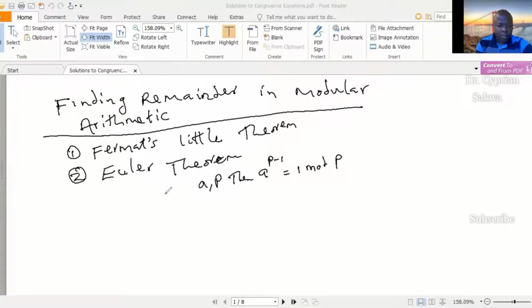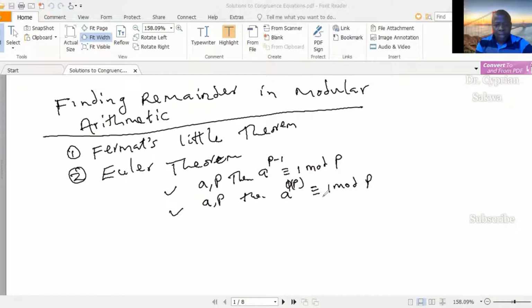What about Euler's theorem? Euler's theorem says that if you are given two positive integers, a and p, which are relatively prime, that is, the GCD is 1, then a raised to phi of p is congruent to 1 mod p.